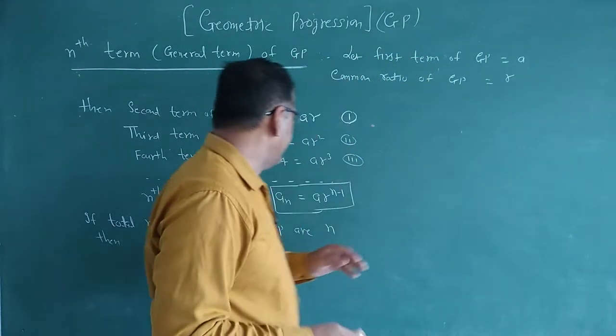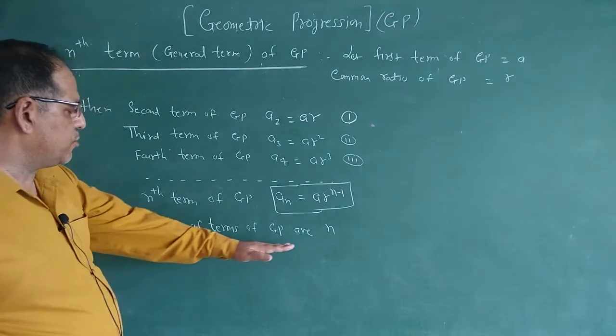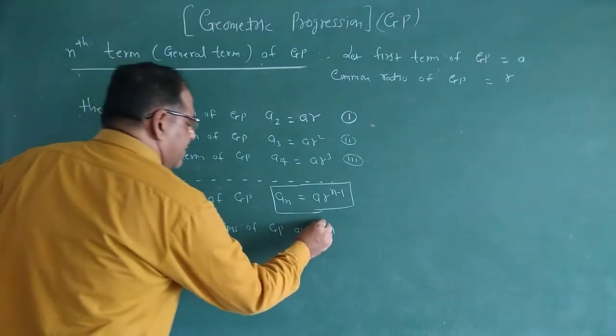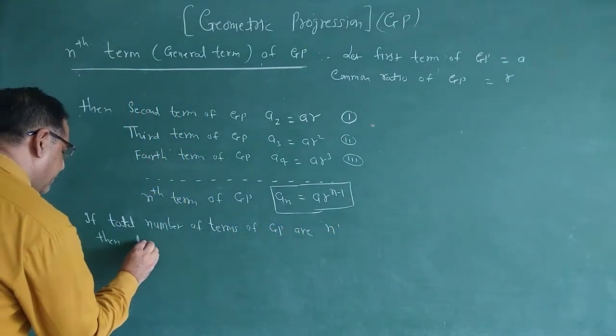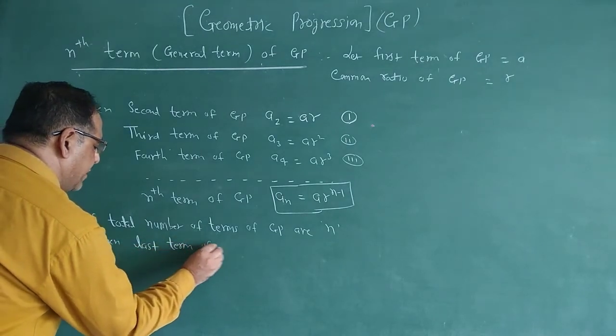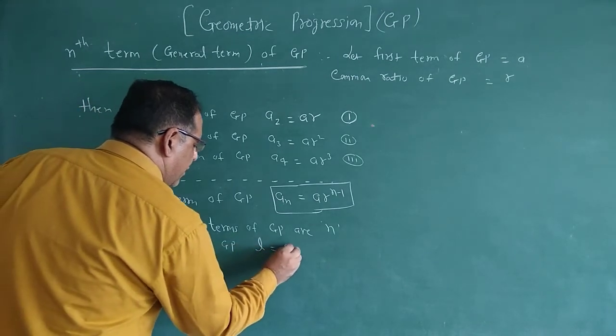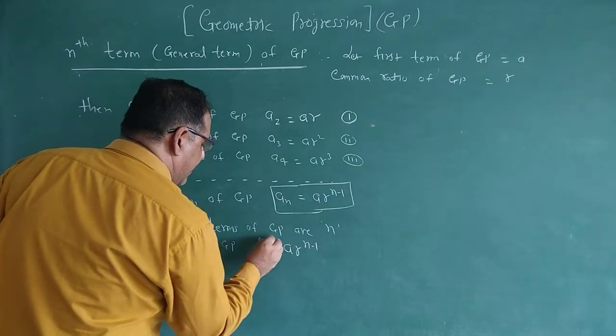This is the desired term we want to find, but if the number of terms of GP is given as n, then the last term L equals AR to the power n minus 1.